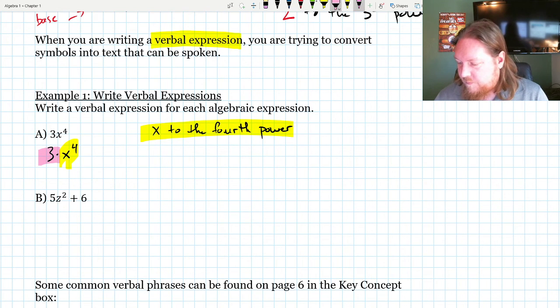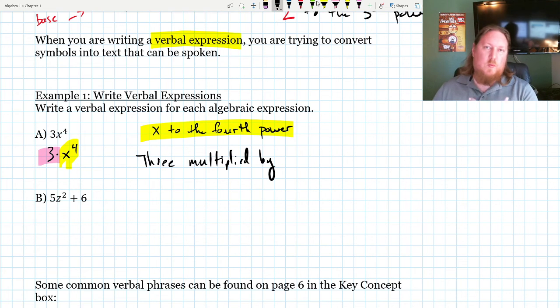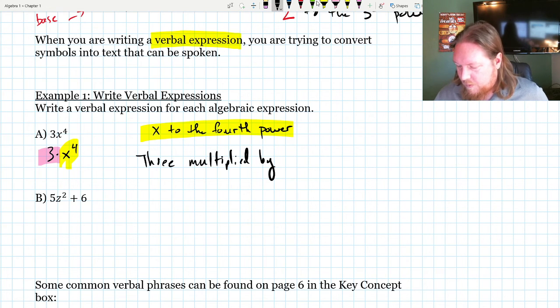And for that I would just say something like 3 times, or I could say multiplied by, and either one of those would work fine. You just have to choose the one that is the best for you. All right, 3 multiplied by, well, that's the first part in pink there.